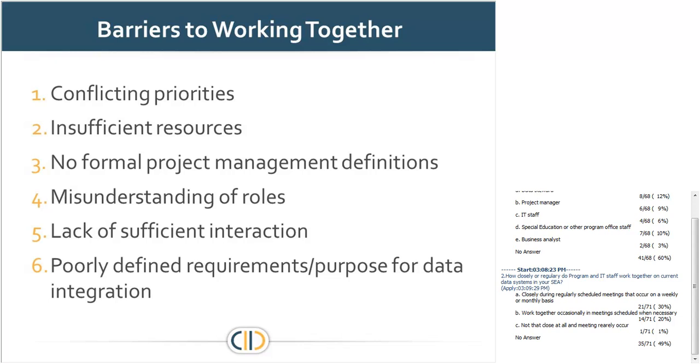This is a discussion to be had as you kick things off, and again, it helps define scope and make sure that everybody's on the same page when it comes to why you are doing this, and that there's clear understanding of that.